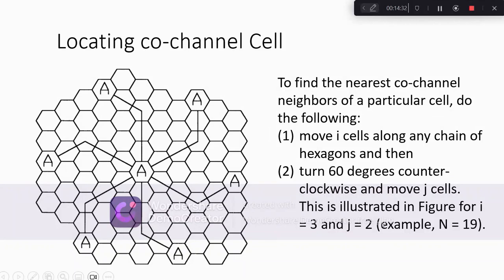So interference and the distances between these, and obviously the size of the cell as well as the size of the cluster, you must have an optimum value for all these parameters. I repeat, since A and A are co-channel cells, there must be interference between them.